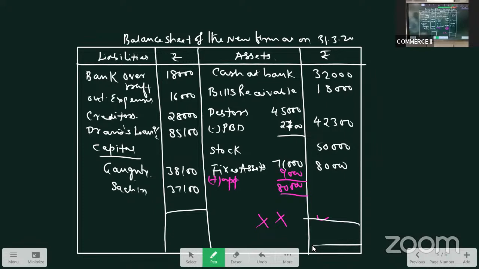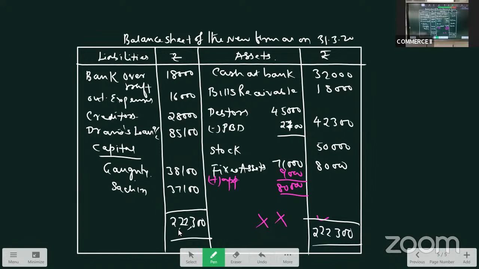What is the total you see? 2,22,300 on both the sides, assets and liabilities.